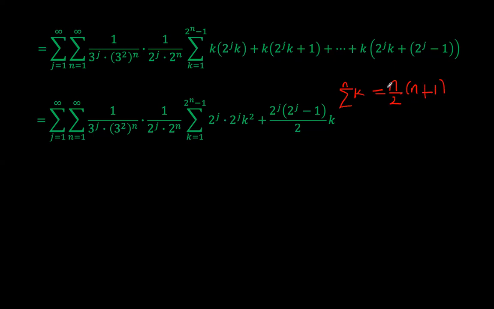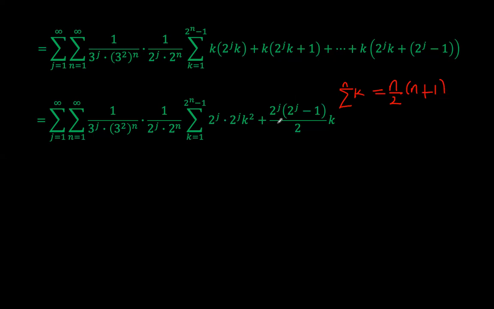So we see here our n is 2 to the power j minus 1. So n plus 1 is 2 to the power j, and then n is 2^j to the power j minus 1 over 2. So we can see this multiplied by k, because there's this initial k plus another k plus another k until k times 2^j minus 1.